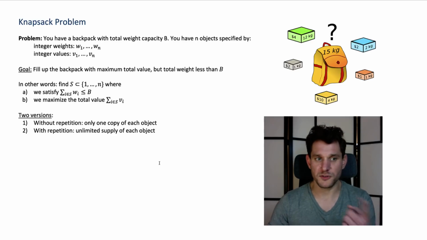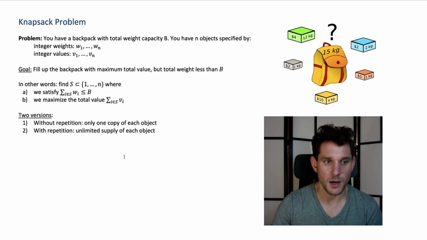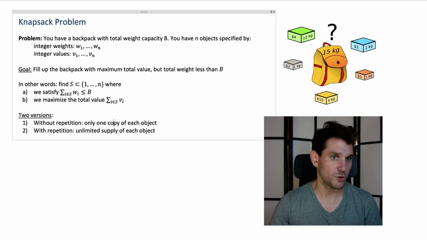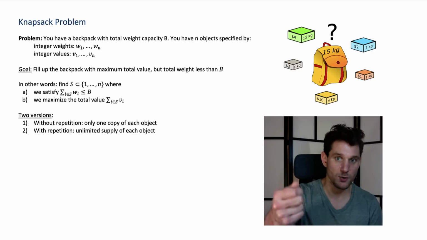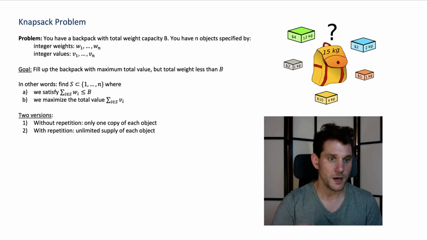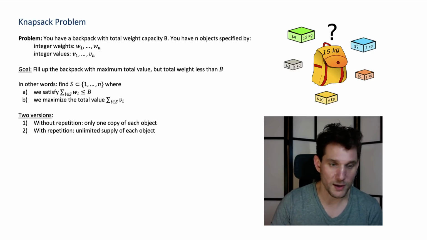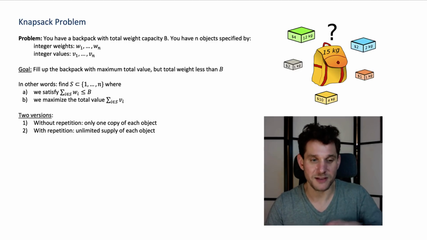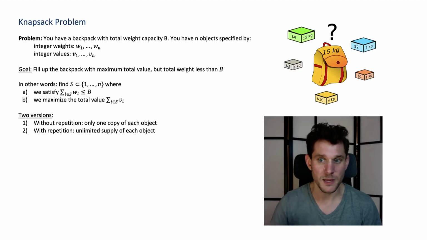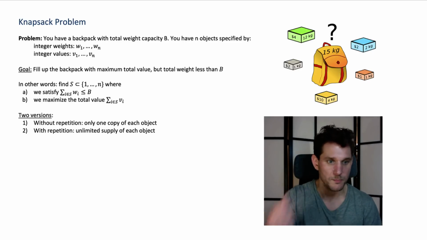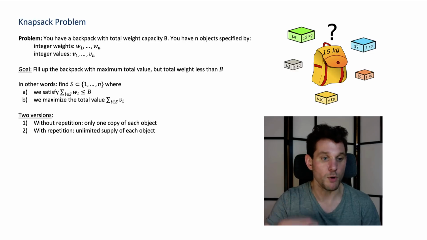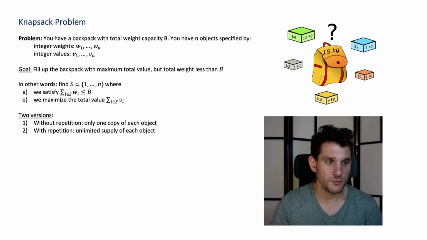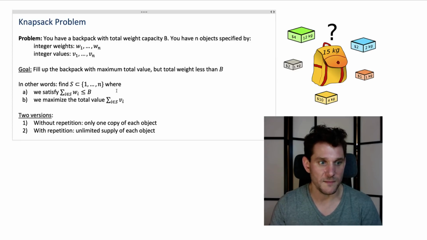It turns out that the version that I'm showing you here is the kind of version 1 of the problem. That's the version where you don't allow repetitions. An object can either appear in the subset or not appear in the subset. There's another version of this problem where you can imagine having multiple copies of every item, and in fact assume you have some unlimited supply of every item, and you can continue to add multiple copies of, let's say, item I for every I. This version right here, the one I'm describing here, this is version 1, right?